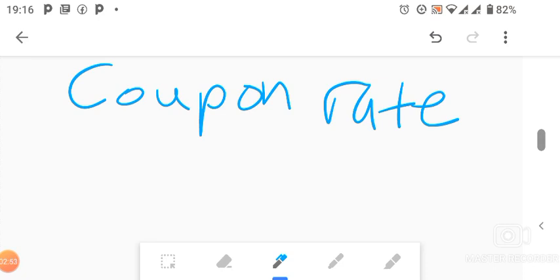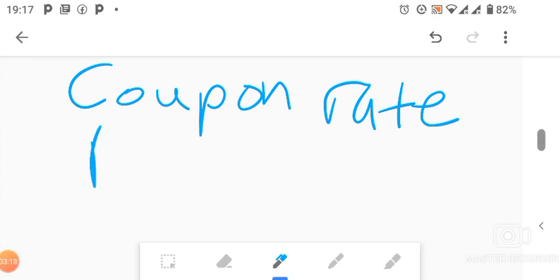So coupon rate is just another term used to illustrate the interest payments that the company gives you as a return on the bond you acquired from them to help them finance whatever project they have.